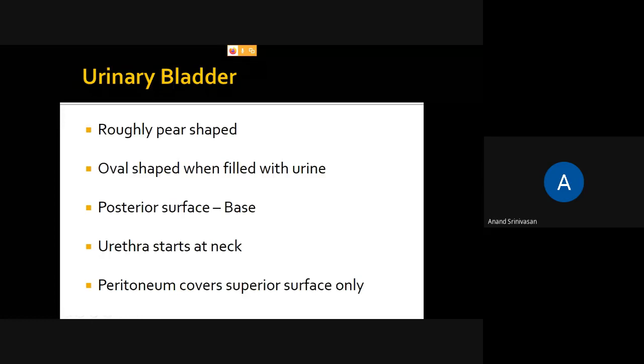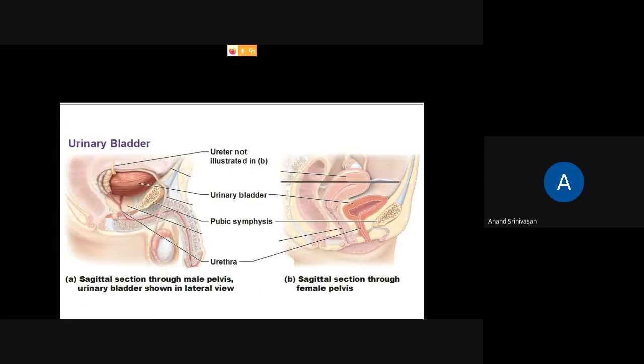The posterior surface of the urinary bladder is referred to as the base of the urinary bladder. The urethra is located at the neck and the peritoneum covers only the superior surface of the urinary bladder.